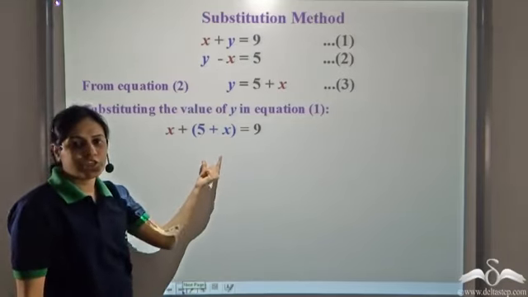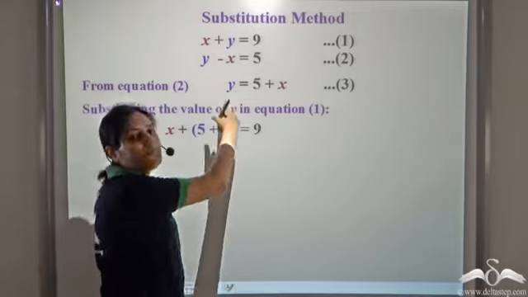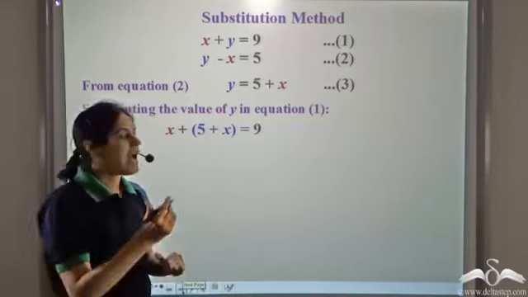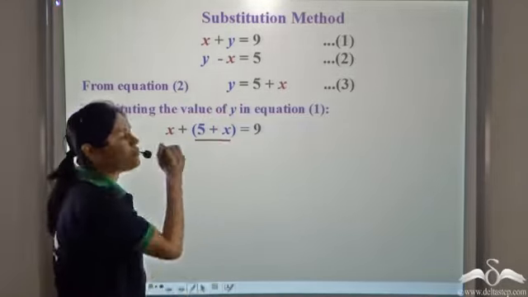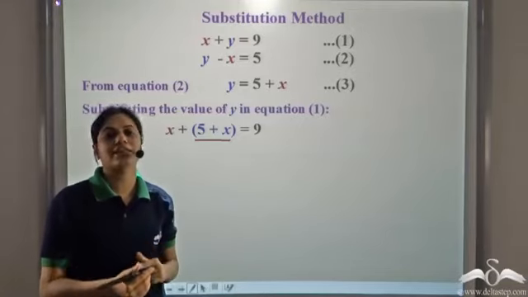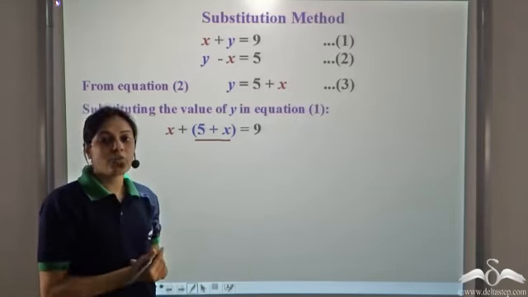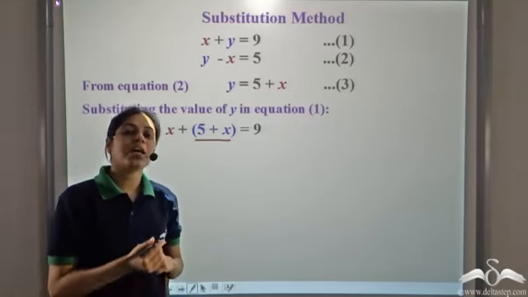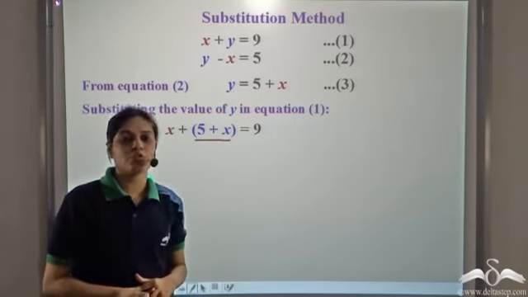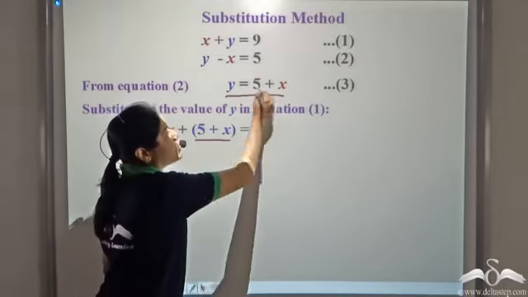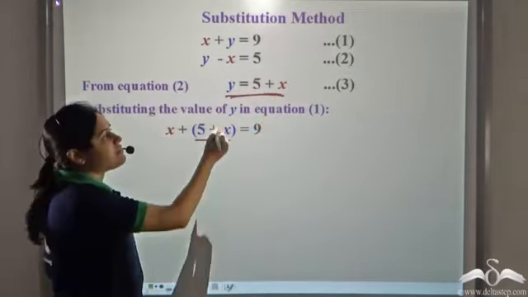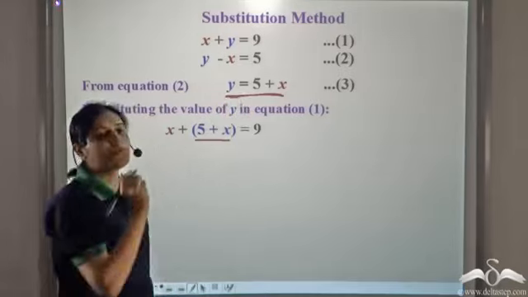Now what are we actually doing? From equation 2, we get a value of y and substitute that value of y in the other equation, that is equation 1. This ensures that while solving equation 1, we are considering only those values of y which satisfy equation 2, because we have taken y from 2.